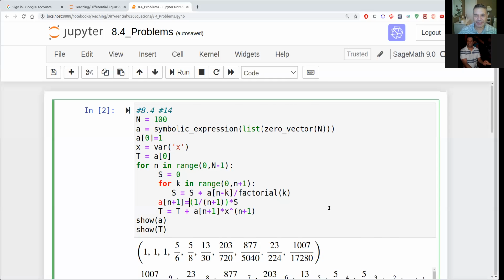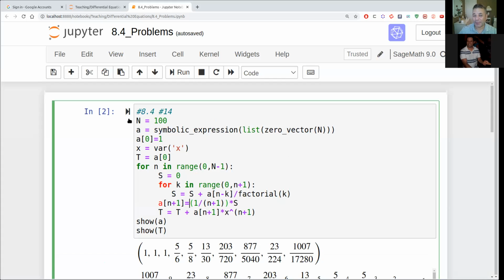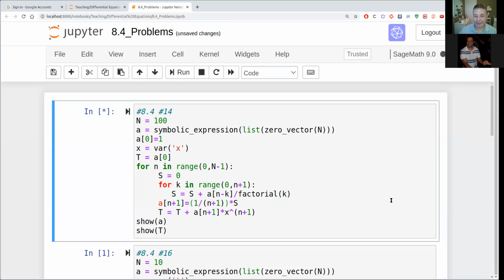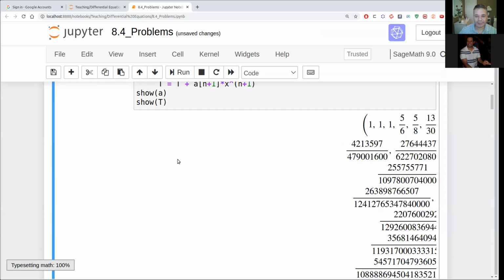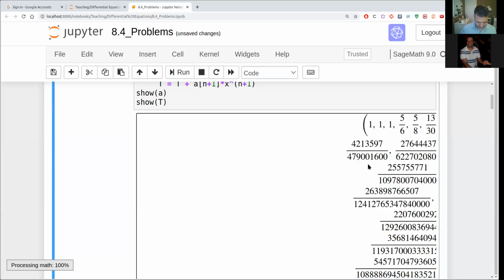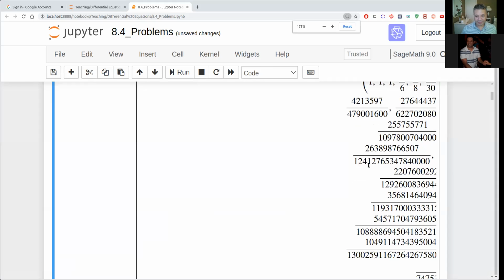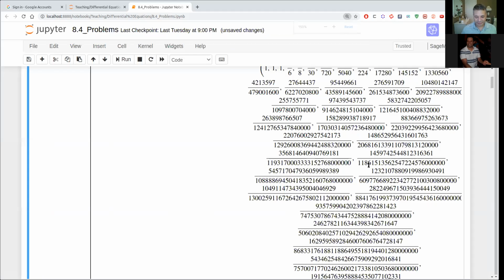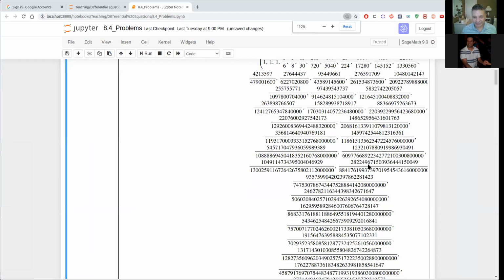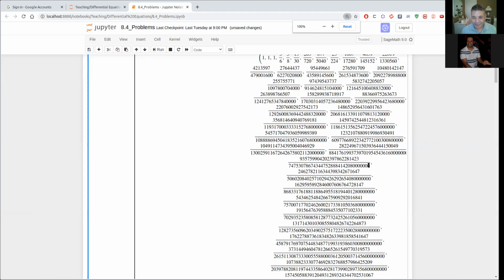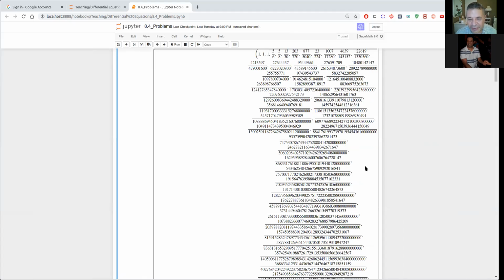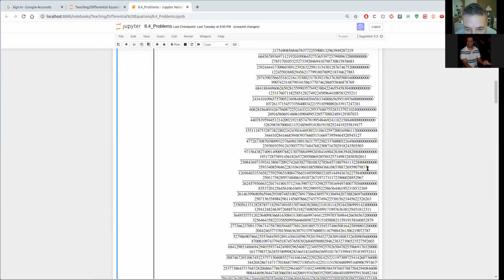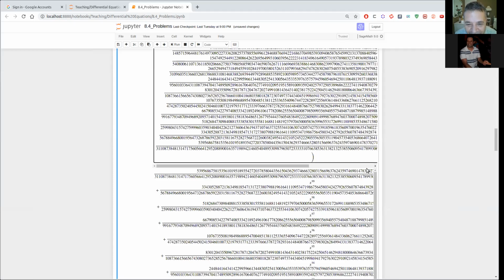Now let's see what happens when I run this with 100. It might break on me, but oh. Let me zoom out. So I could do it, but maybe it was just a little exaggerated.